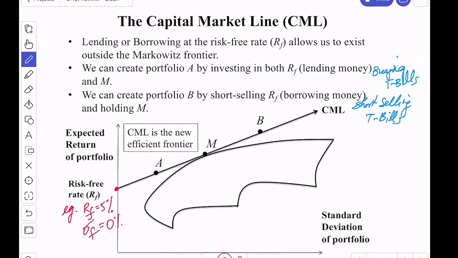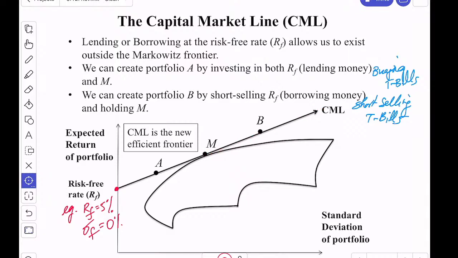So without having a bank to consider, you've created risk-free borrowing and lending. So any combination in here is a linear combination of the risk-free asset and the market portfolio. And any combination beyond here is the market portfolio and short selling.